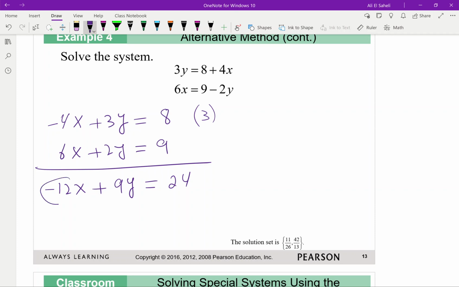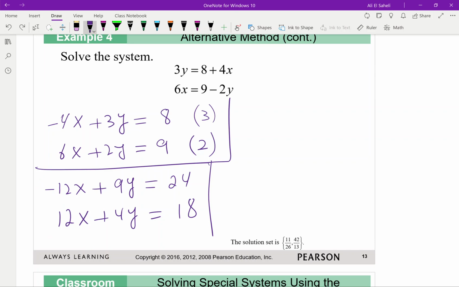To get 12 here, we multiply the second equation by 2. 2 times 6x is 12x. 2 times 2y is 4y. 2 times 9 is 18. Now we add.